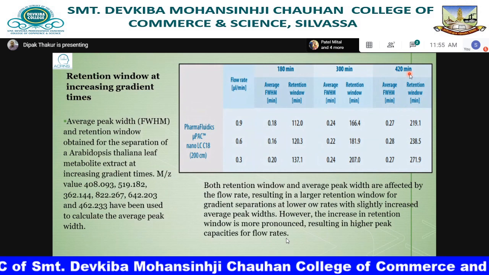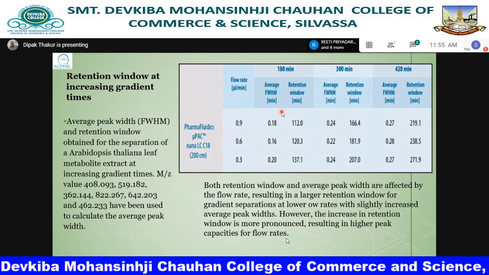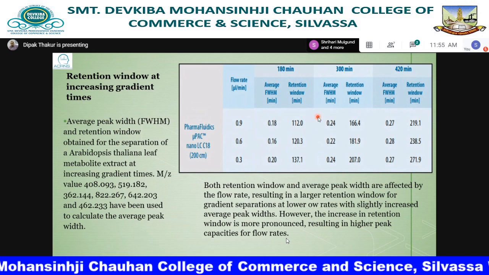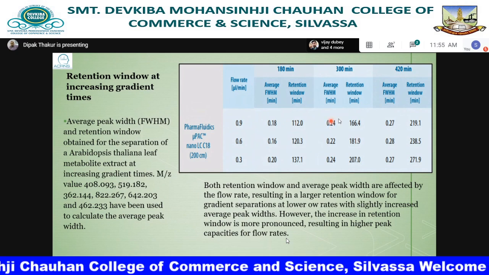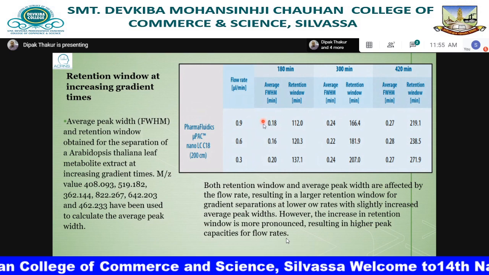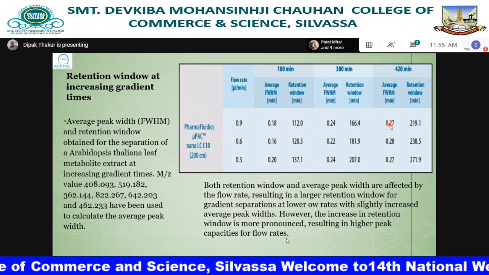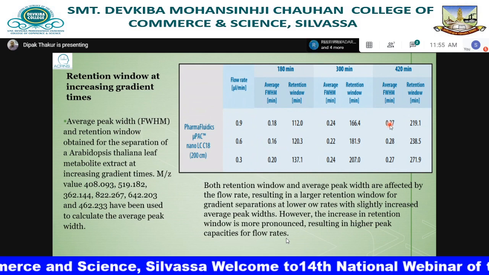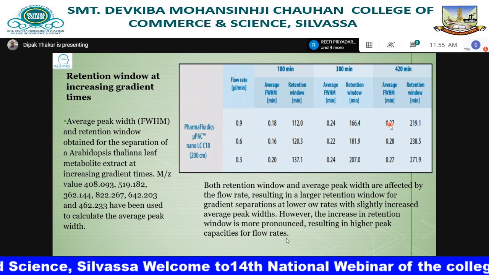It is 0.18. When you go to a 300-minute or 420-minute runtime, it moves from 0.18 to 0.24 to 0.27. Still much better. Peaks are becoming wider, as I said, but that provides you separation between low abundant compounds and higher abundant compounds.